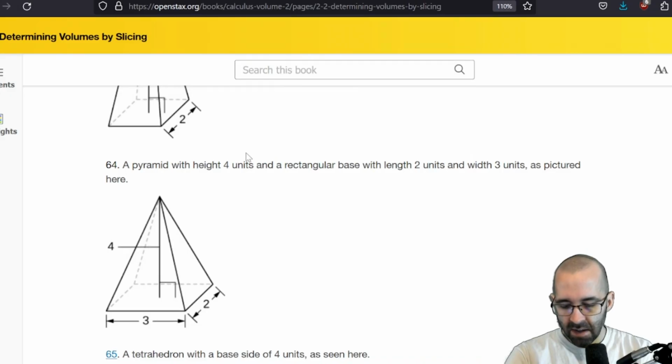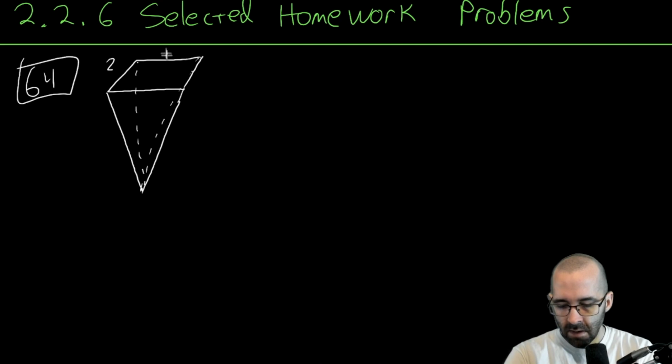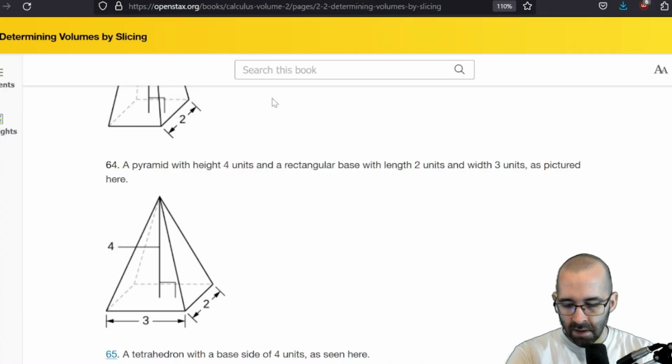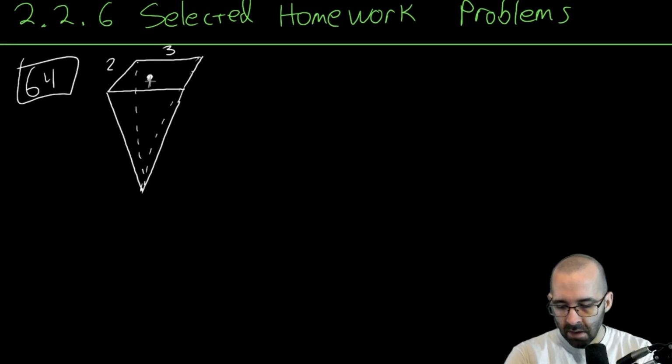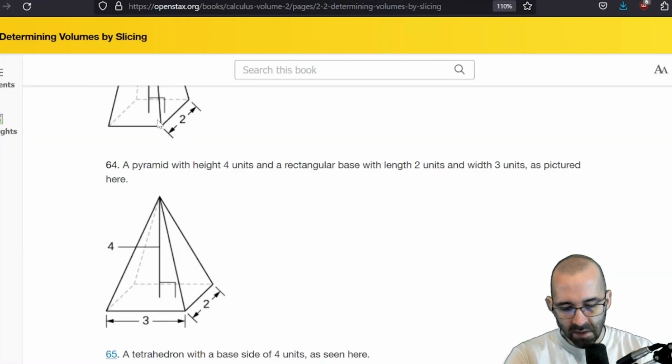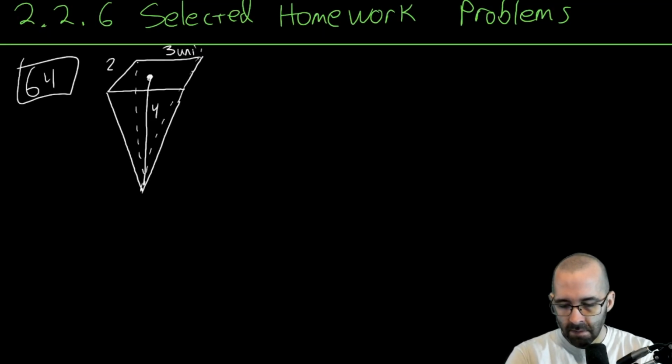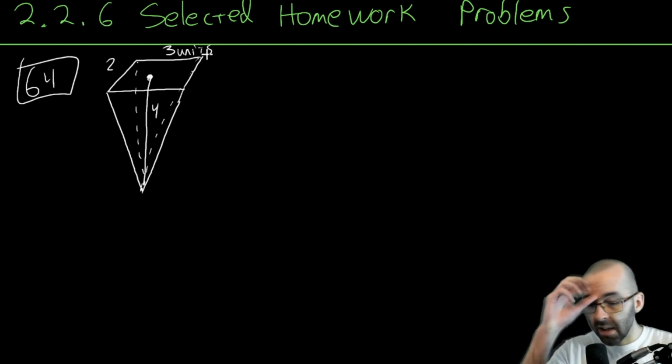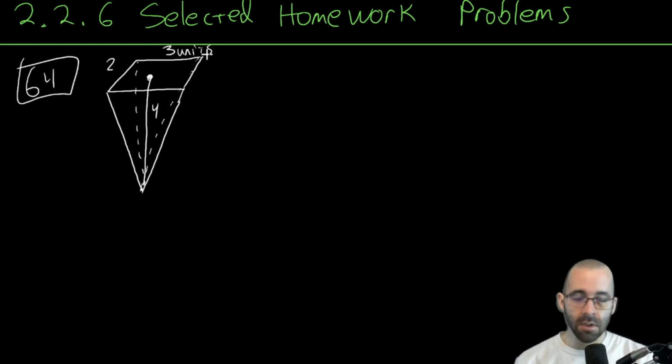If you flip it upside down, again, it's 2 by 3 up here. Not a square anymore. And this height is 4 units, whatever they are. And so we're looking at volume. So for all of these, we find a cross section. And again, you can choose a horizontal or a vertical cross section.